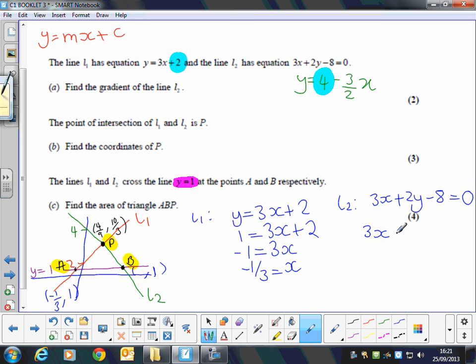So instead of y, I'm going to put in 1. So I've got 2 multiplied by 1. So that's just 2 minus 8 is equal to 0. Now I just need to rearrange that to get x. So I've got 3x plus 2 minus 8 will give me minus 6 is equal to 0. And if I rearrange that, I can take the 6 to the other side and then divide by 3 to get 2. So point B is 2, 1.